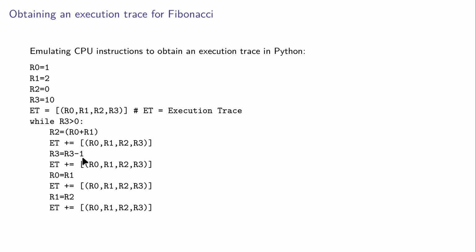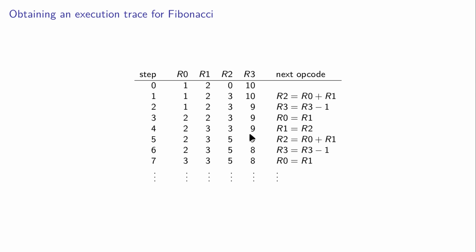They are addition, subtraction with 1, and assignments. And what I'm going to do now is make a dump, or snapshot, of the internal state of all the registers. So I wrote a program in Python to do this, and the beginning of it is the following table.